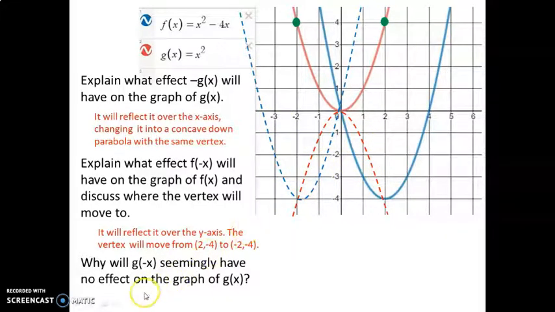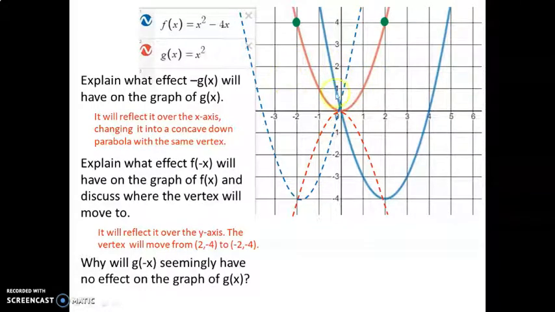Okay, why will g of negative x seemingly have no effect on the graph of g of x? So now we're back to the red parabola. That's g of x. And it's saying if you apply g of negative x, so we just said negative x makes all the x values negative, which means a reflection over the y-axis. So imagine taking this red parabola and reflecting it over the y-axis.